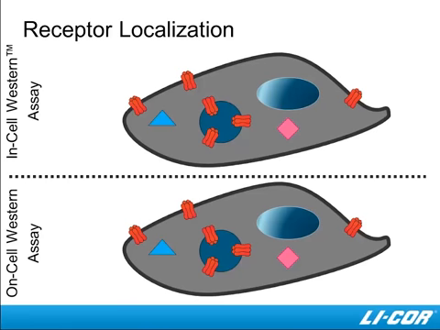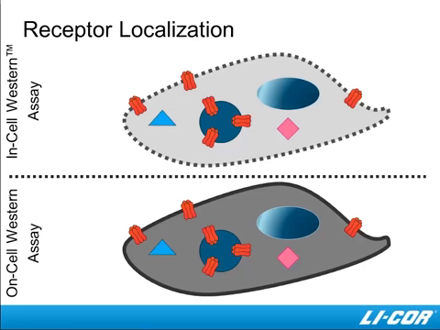So when we move forward with the assay and add our primary antibody, since the In-Cell Western Assay cells are permeabilized, our primary antibody will be able to find epitopes that are both external and internalized. In the On-Cell Western Assay, since these cells are not permeabilized, our primary antibody will only be able to bind to extracellular antigens. So with my In-Cell Western Assay, my primary antibody will bind to receptors localized at the plasma membrane, as well as any internalized receptors.